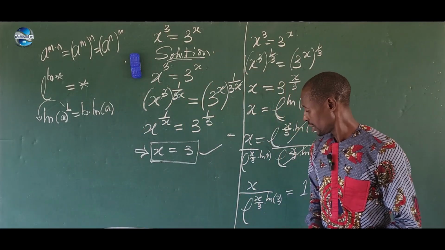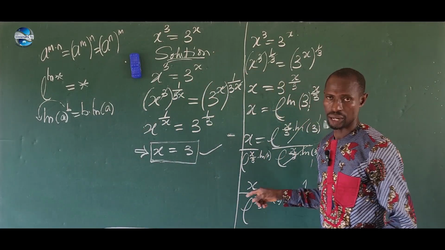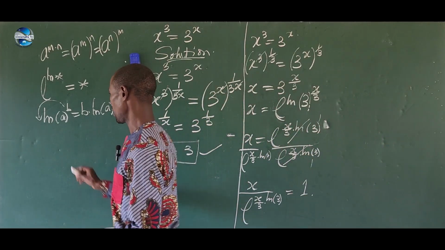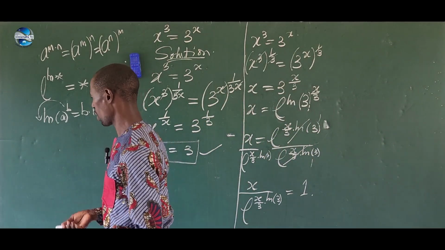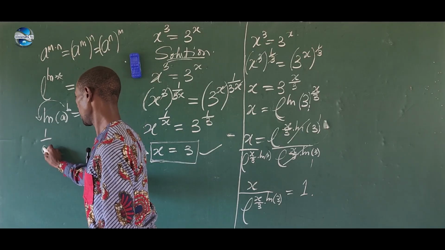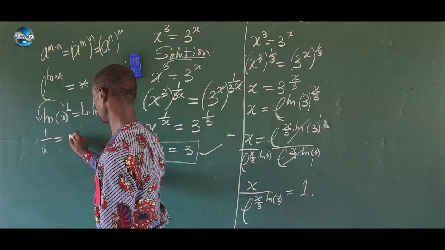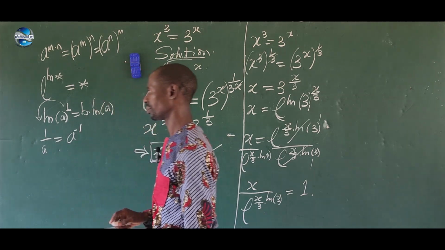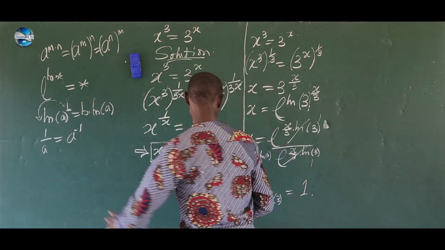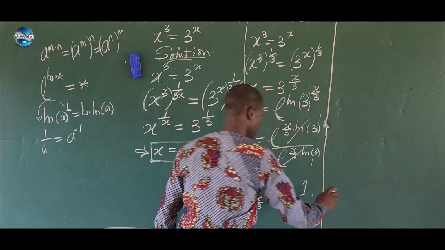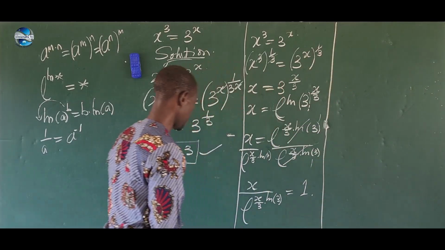Good. I want to move this quantity to the top here. And so we have another rule which says that 1 all over a is equal to a raised to minus 1. If we apply that rule, then we can rewrite whatever we have here.